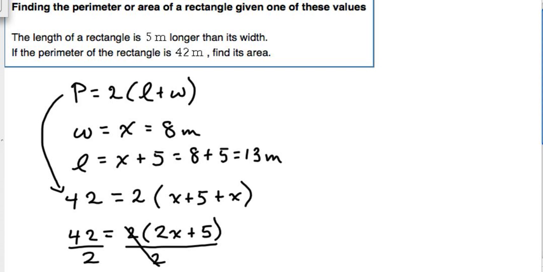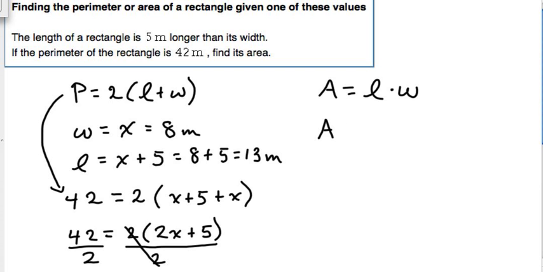The original question actually asked us to find the area. Recall that the formula for the area of a rectangle is length times width, which sometimes you see written as LW. We're going to substitute the number of the length, which is 13, times the number of the width, which is 8.